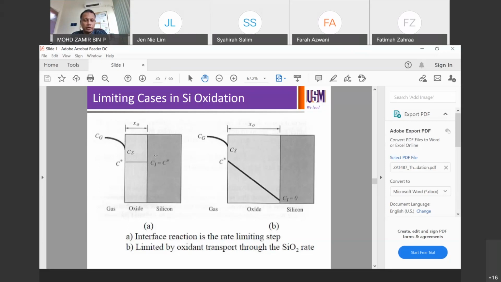On the right hand side, your reaction is limited by the transport of oxidant, either from your dry ox or wet ox, the diffusivity through the oxide to get to the silicon. So that's when it drops drastically. The curve drops drastically before it reaches the silicon. So that actually hits the parabolic stage already.